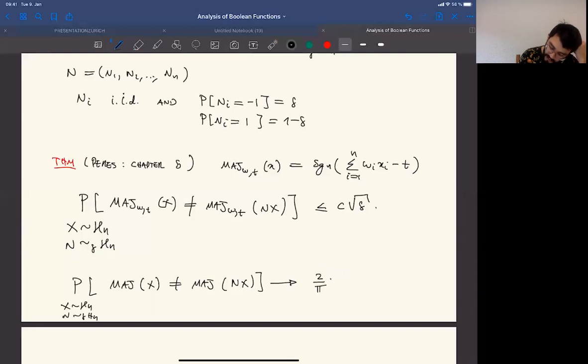Yes, it's 2 over pi square root of delta, 1 plus some O of delta.